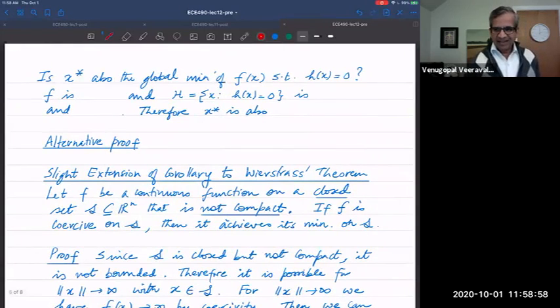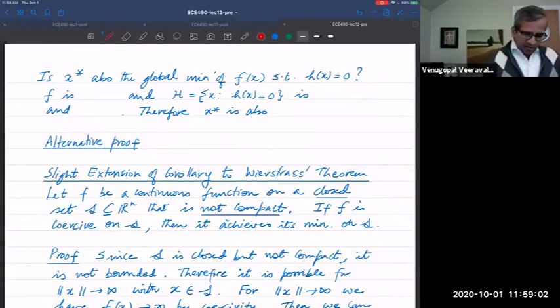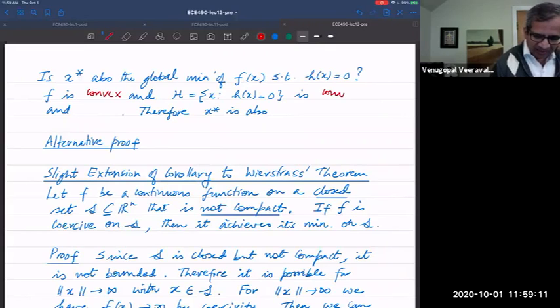Okay, so that's exactly what I say on the next page here. F is convex, and this constraint set is convex and closed. Therefore, x star, which is a local minimum, has to be a global minimum as well.